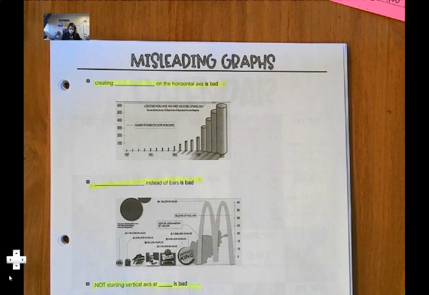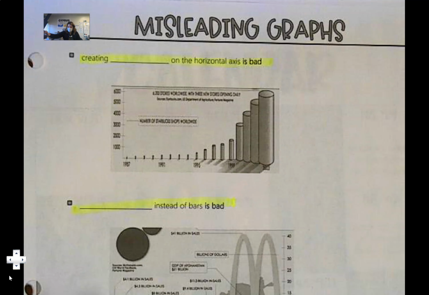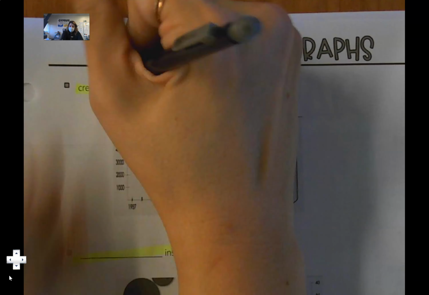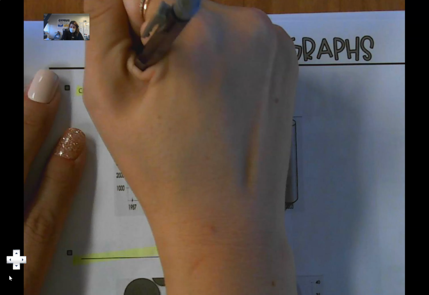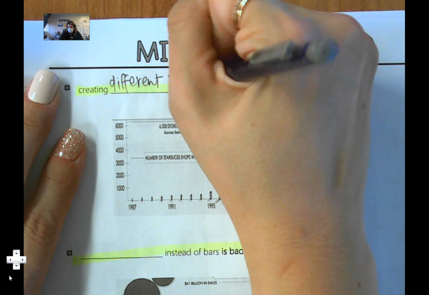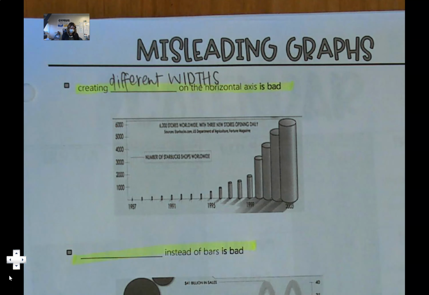So our first one is creating different widths on the horizontal axis. That's bad. Creating different widths, and that space isn't big enough, I apologize. Creating different widths on the horizontal axis is bad.